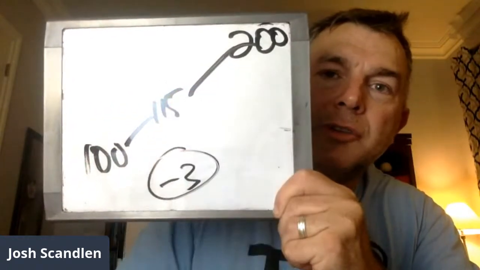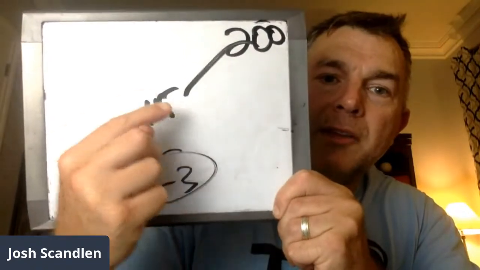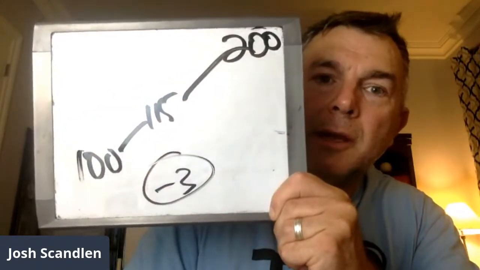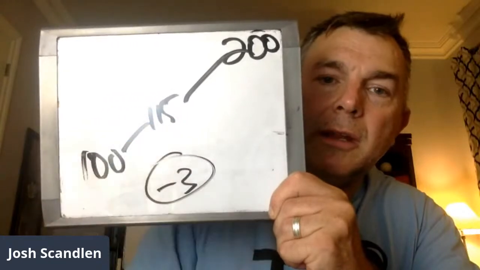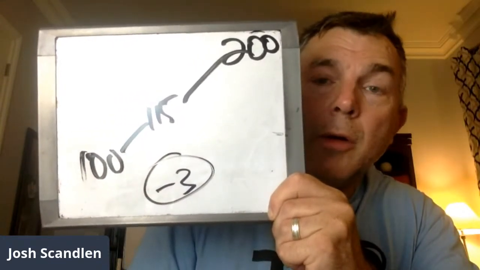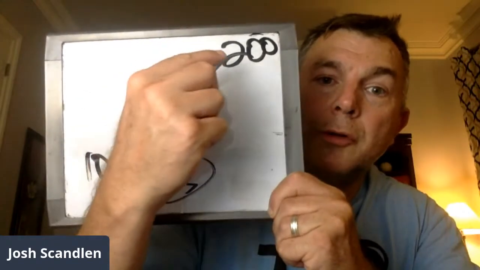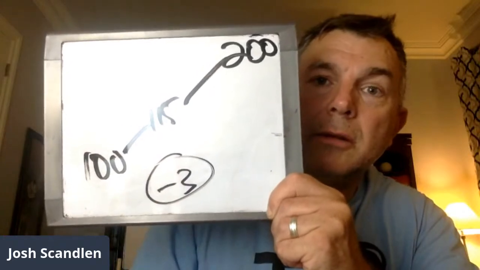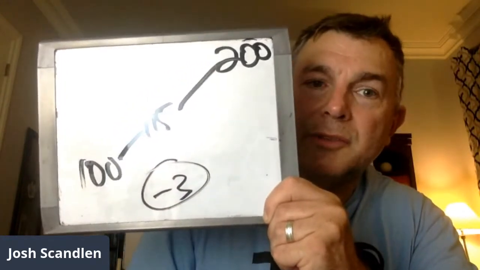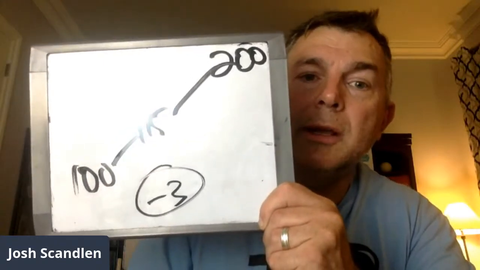So if this stock goes to 200, he paid me $3 for the right to profit on all that money right there. He's basically saying, I'm locked and loaded. I'm going to take your shares, Josh, at 115 when they're worth 200, plus the $3. So he's like, hell yeah, that's a profitable endeavor. I'll do that any day of the week.